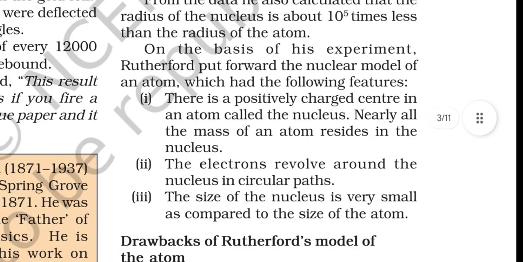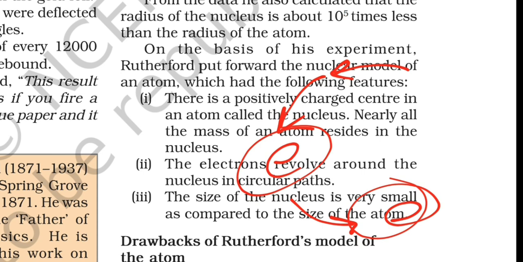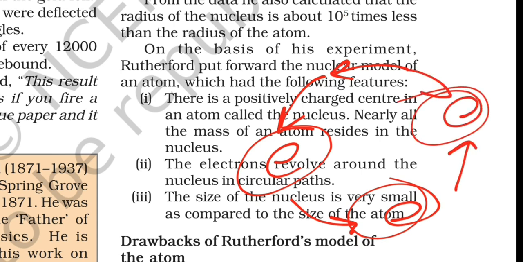The electron revolves around the nucleus in a circular path. According to Rutherford's theory, he said that the electrons revolve around the nucleus in a circular path.